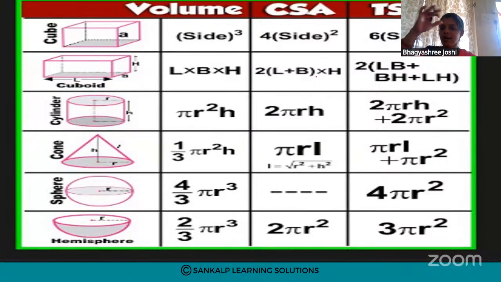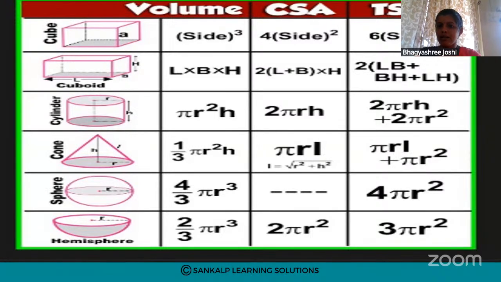That means 4 parts. If we consider only 4 parts, that is curved surface area, right? And if we consider all the 6 sides, that is total surface area.